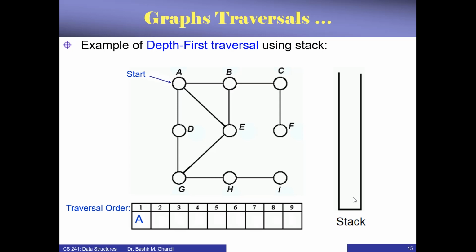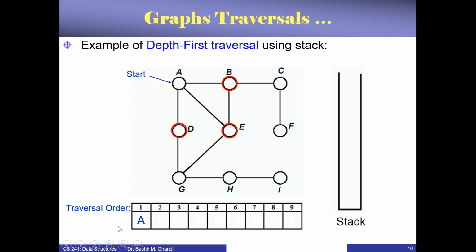So we have done 2 steps in that loop. Next is to identify the vertices adjacent to A. I have marked them here for you: AB, AE, and AD. These are the vertices adjacent to A, and we will push each of them onto the stack. But in what order?